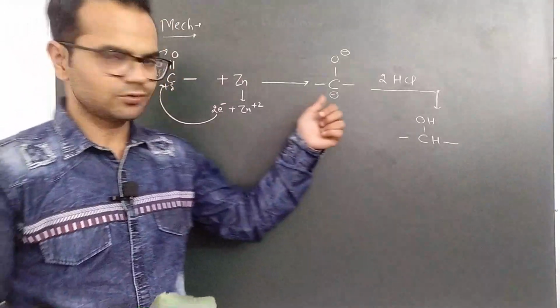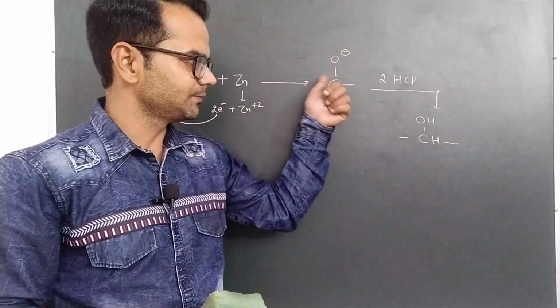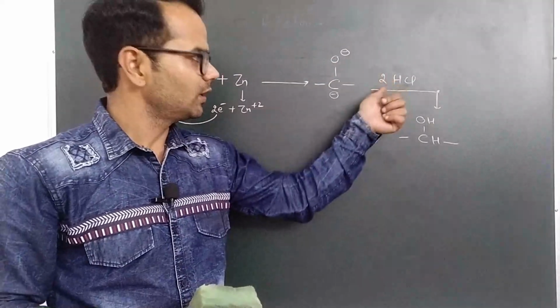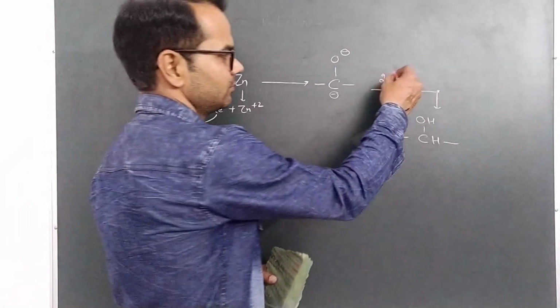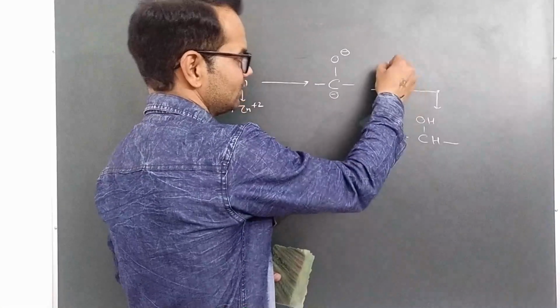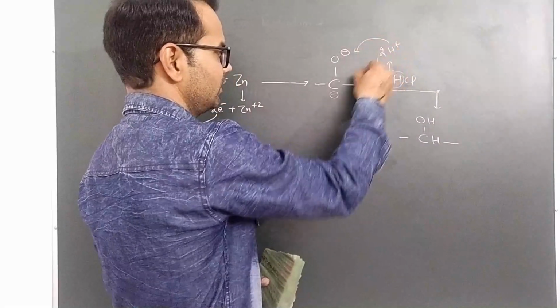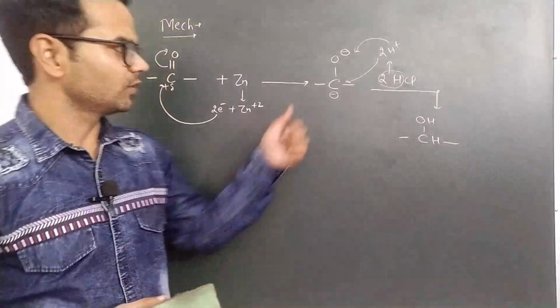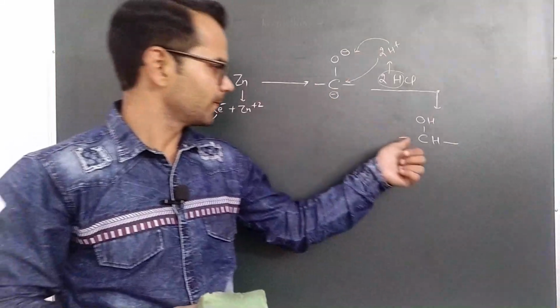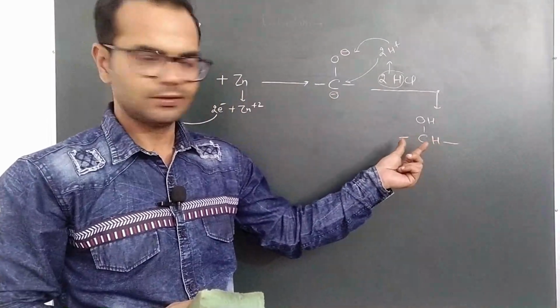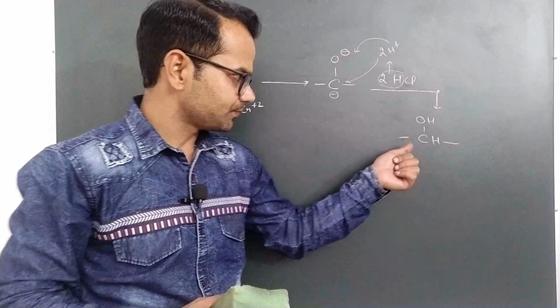Now the negative charge of carbon and the negative charge of oxygen vanish. So 2 hydrogens come from these 2 HCl, 1 hydrogen to this oxygen, 1 hydrogen to this carbon. Now the carbanion becomes neutral, normal carbon is there, right?